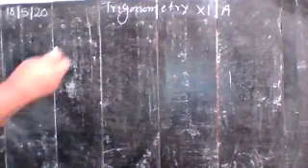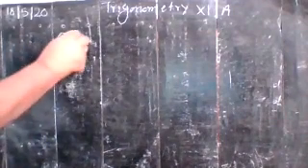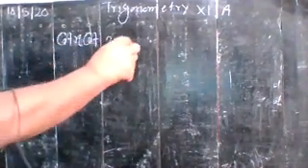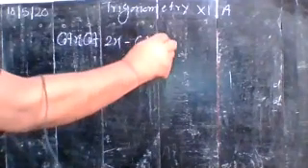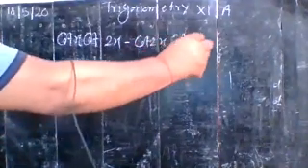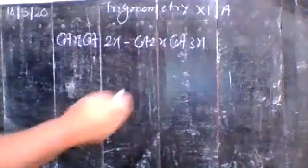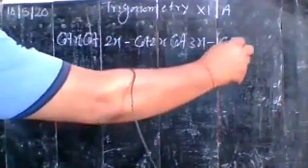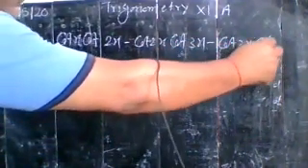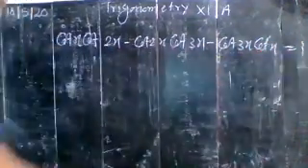Prove that cot x cot 2x minus cot 2x cot 3x minus cot 3x cot x is equal to 1.